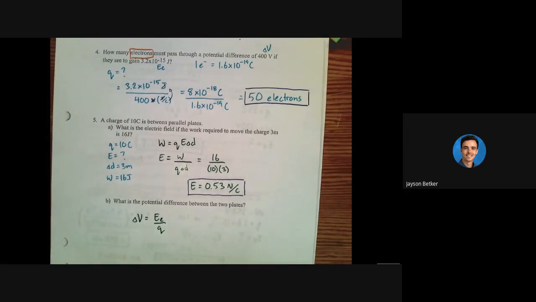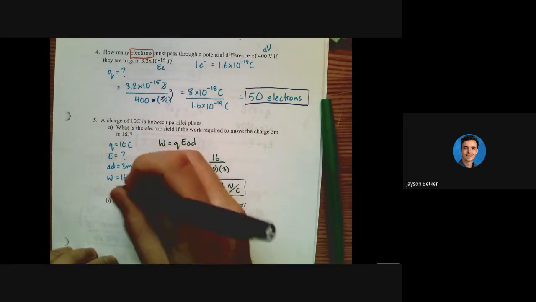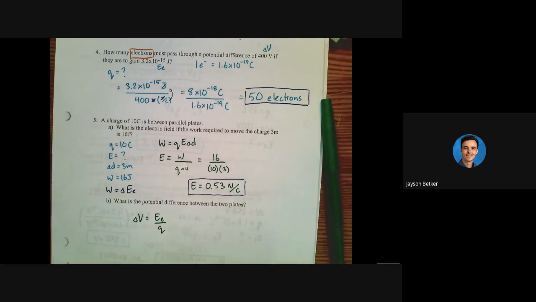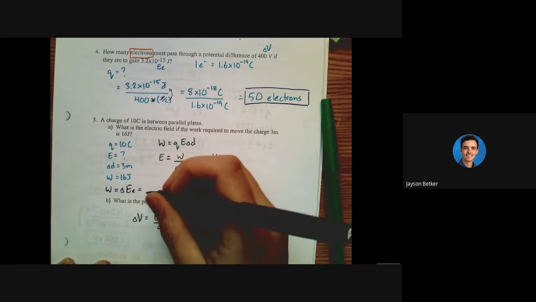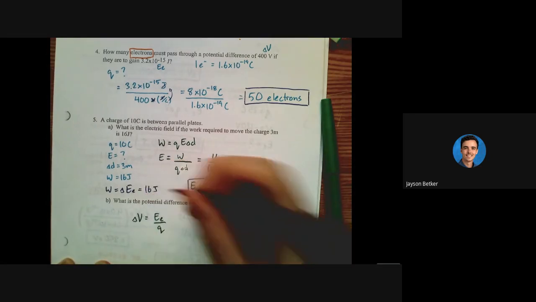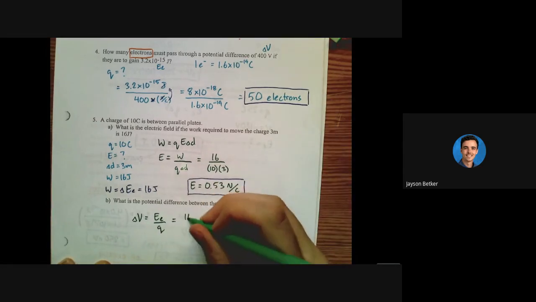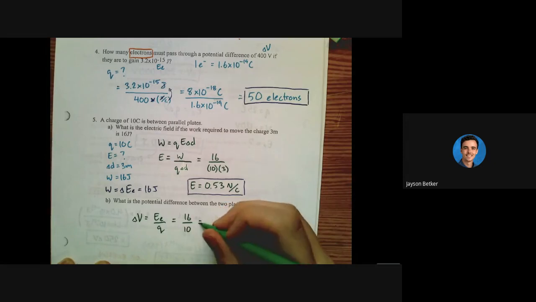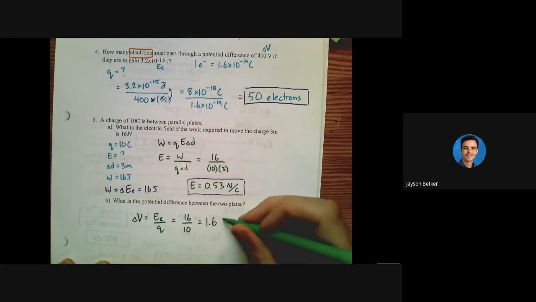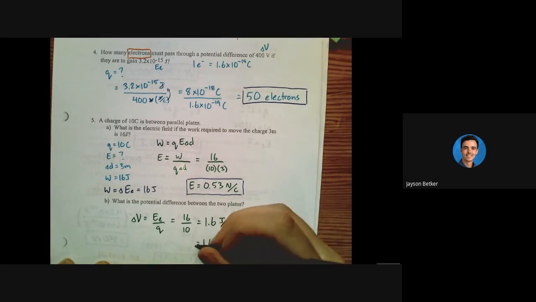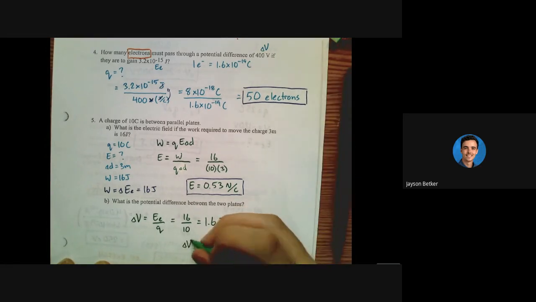The key is that work is equal to the change in potential energy, so the electric potential energy is also 16 joules. So we get 16 divided by the charge, which is 10, and we get 1.6 joules per coulomb. Or you can say 1.6 volts, I like using volts. And that's the potential difference.